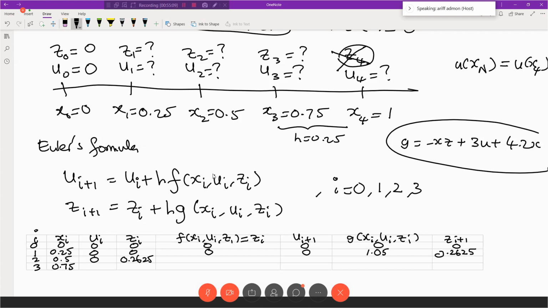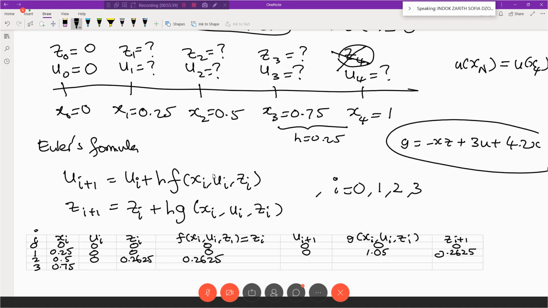Alright, now once again f is just similar to z, so you just copy 0. Now is your u also 0? I don't think this is 0, because this is not 0.